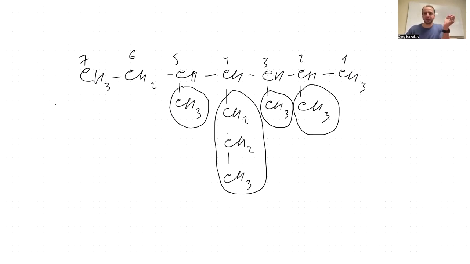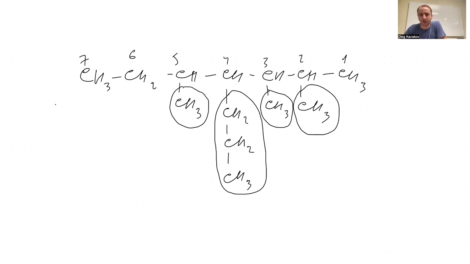If we take a look at this chain, which is an alternative to our search for the longest chain, it also has 7 carbons. But it will only contain 1, 2, and this third substituent right here, this big substituent of 4 carbons.